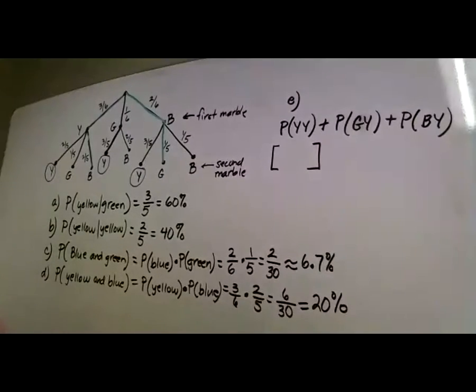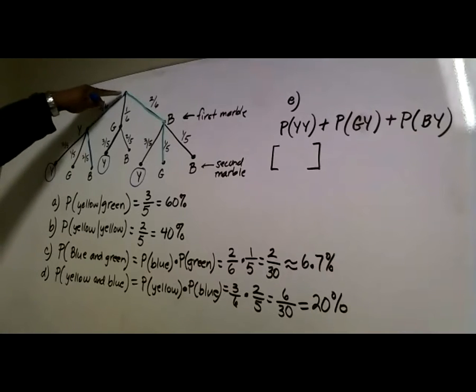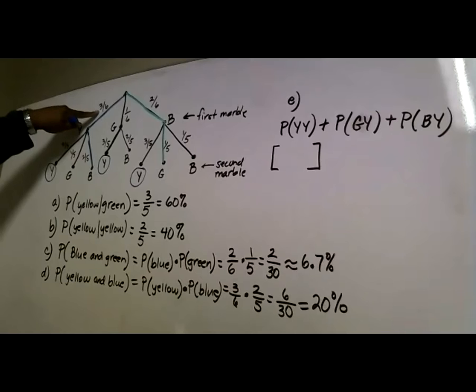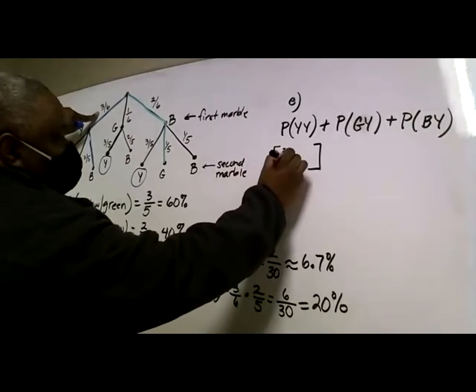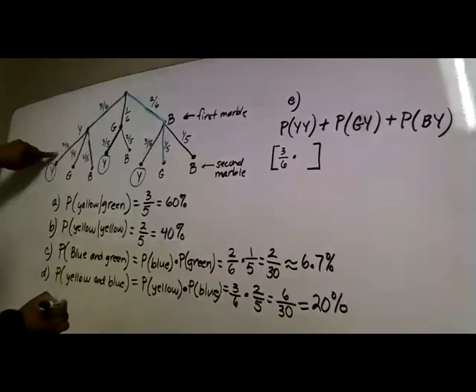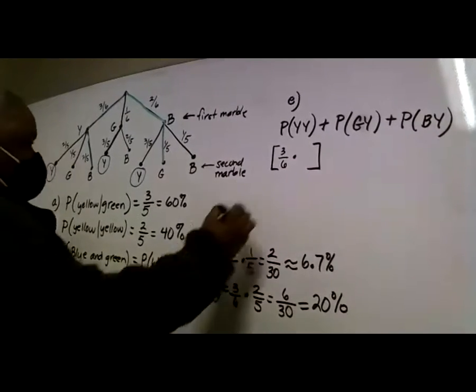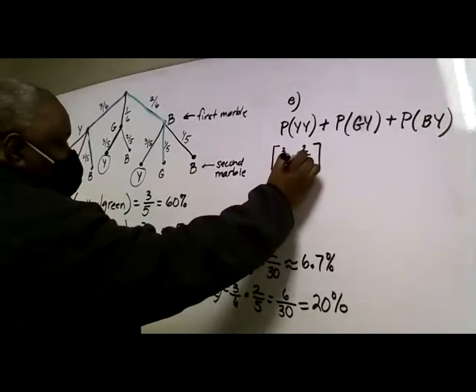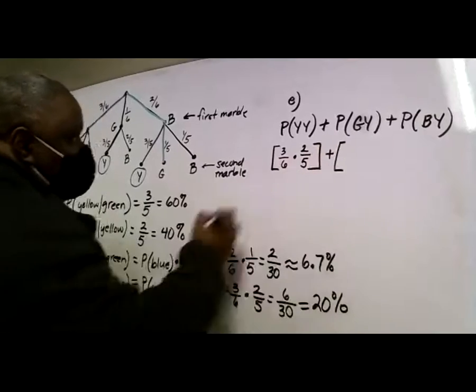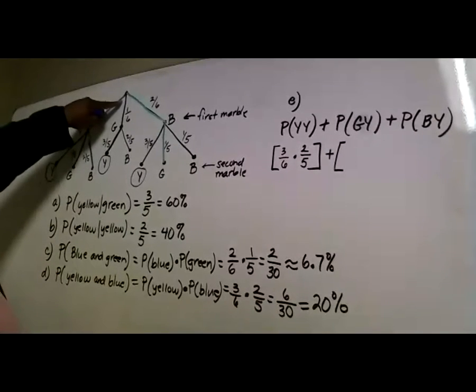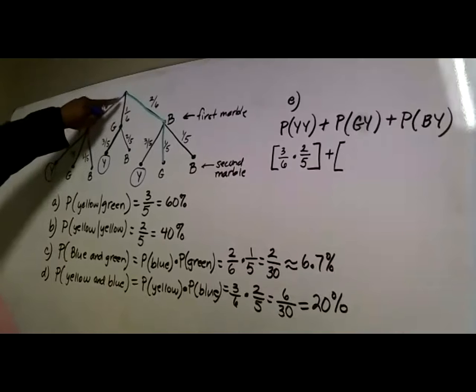For a probability of the first being yellow and the second marble being yellow, that's along this branch right here. So here, the probability the first is yellow is 3/6 times the probability of getting the second yellow, that's 2/5. And then plus the probability of getting a green and yellow.